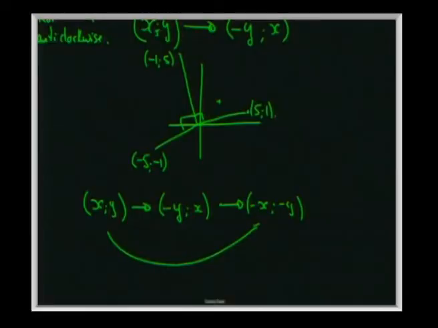Goodness me. Exactly the same as our original point, but with opposite signs. So, you might like to remember it as a shortcut: a 180 degrees rotation around the origin in an anti-clockwise direction goes from (x, y) to (minus x, minus y).